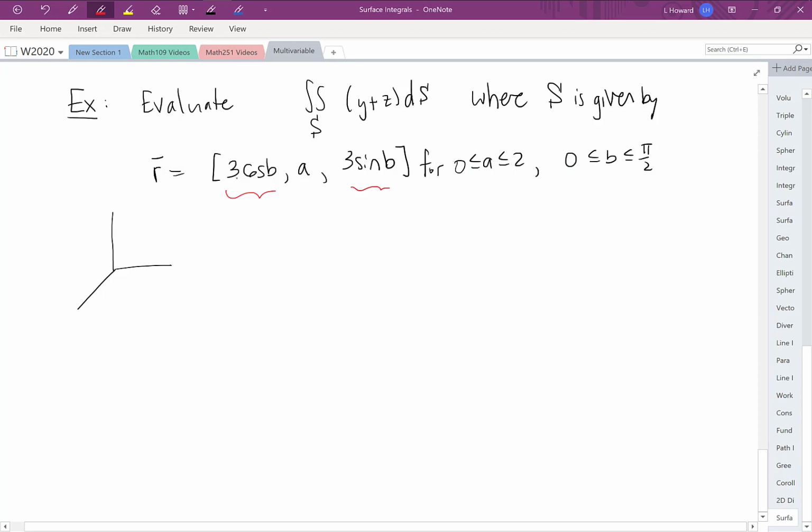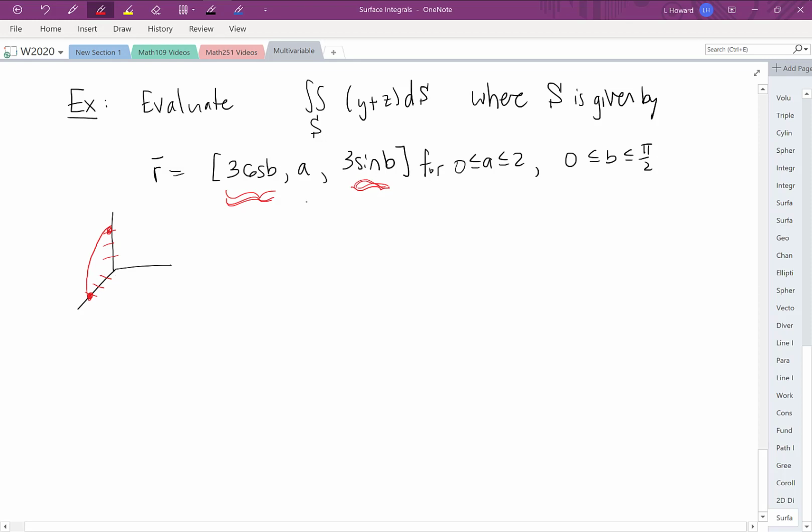So when b equals 0, our x coordinate is 3 and our z coordinate is 0, so we're there. And then at b value pi over 2, our x coordinate becomes 0, our z coordinate becomes 3, so we're up at this point here. So what's happening in the xz plane is we're getting this quarter circle here, radius 3, centered at the origin.